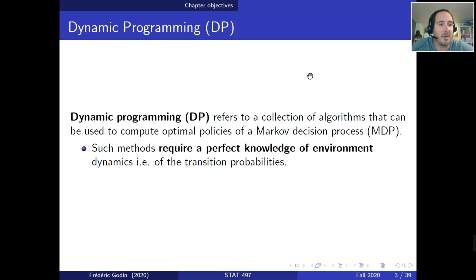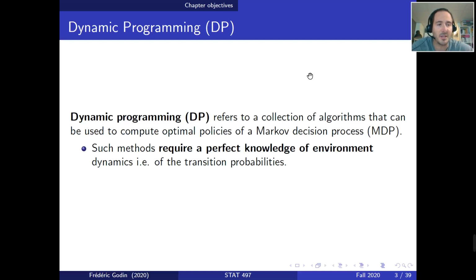There's the value function associated with a policy, which is the expected rewards you will receive if you follow that policy. Or there's the optimal state value function, which is the expected discounted rewards you're expected to receive if you follow the optimal policy.